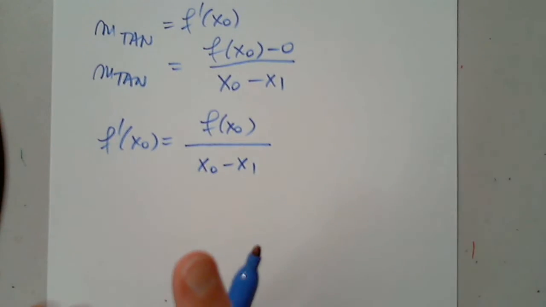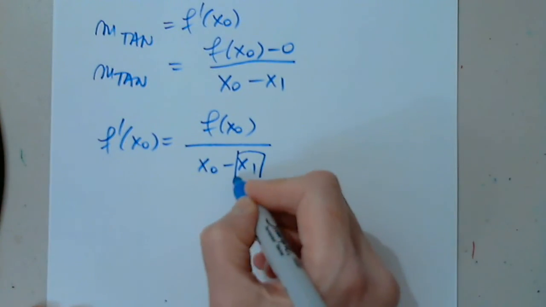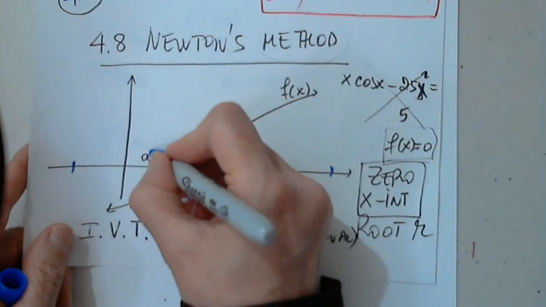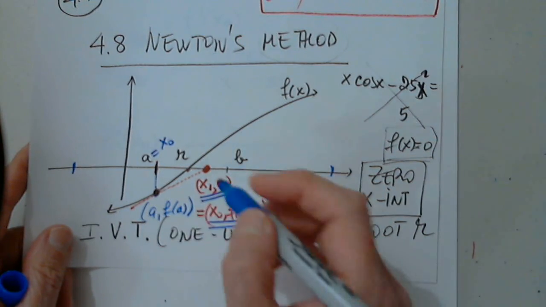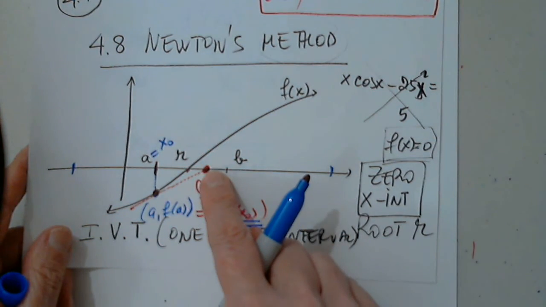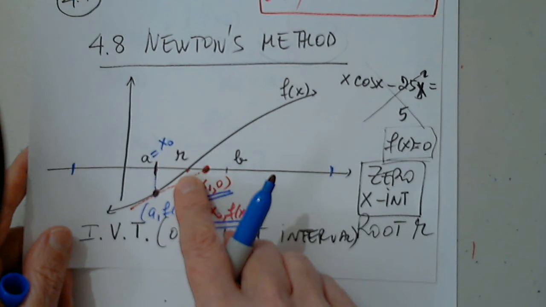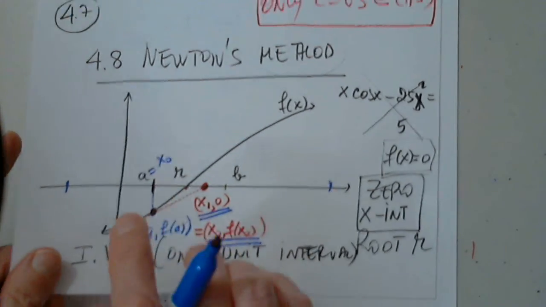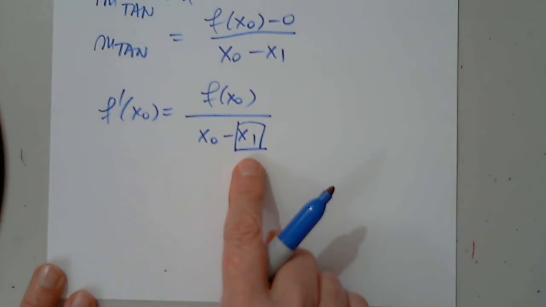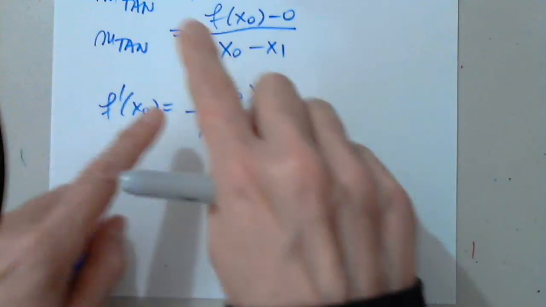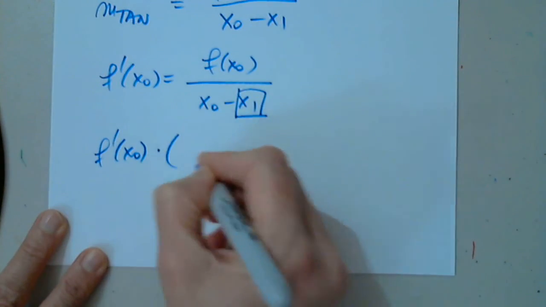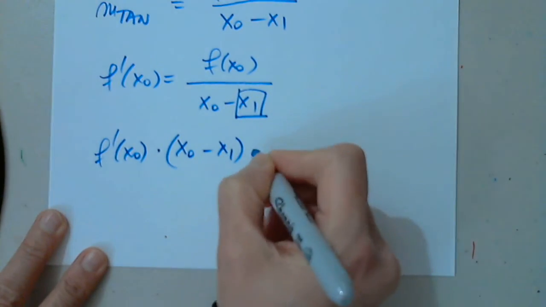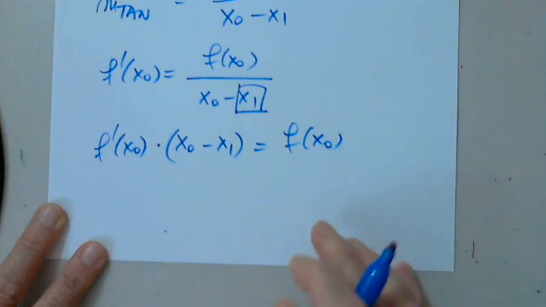Remember what I'm after. So I started with x0, which was not good. But I have now x1, which is much better because it's closer. Okay, so I want to solve for x1. I'm going to swap these two or cross multiply, it doesn't matter. F prime of x0 multiplied by x0 minus x1 equals f of x0.